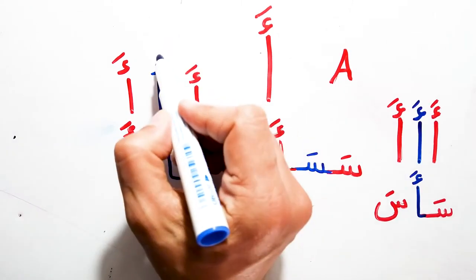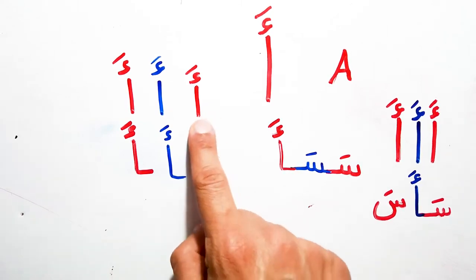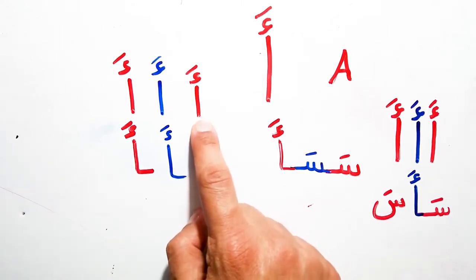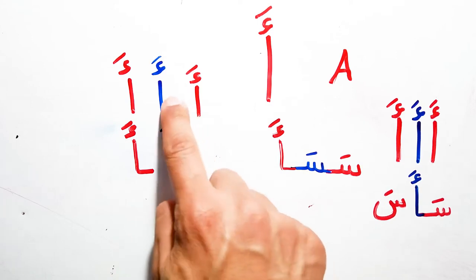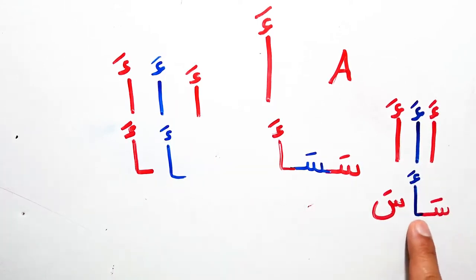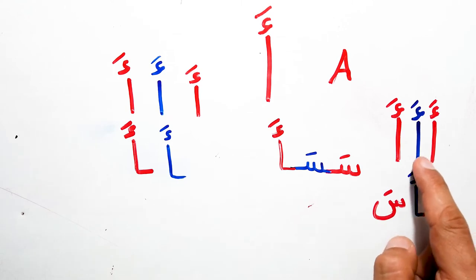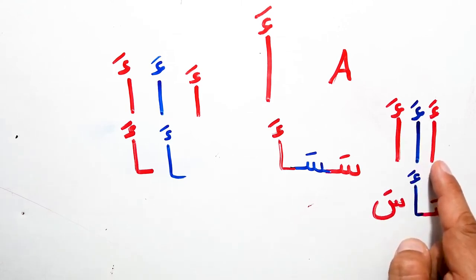Okay, so let's add here fatha as well. So again, a in the beginning of the word, it's always like this. A in the middle of the word, it can be like this as here, or like this as here. Like this when the previous letter is a normal letter, and like this when the previous letter is a refusal letter.